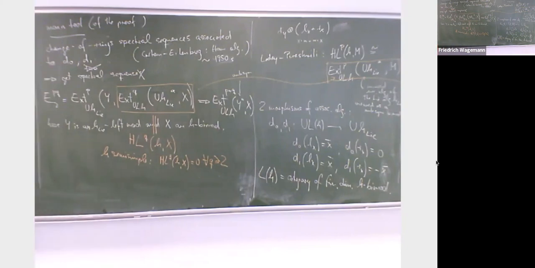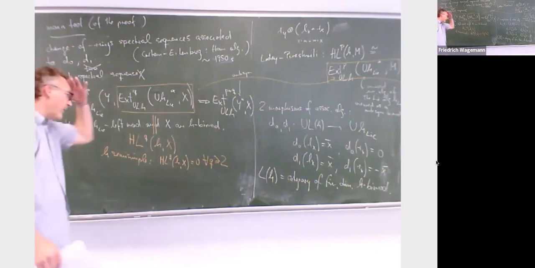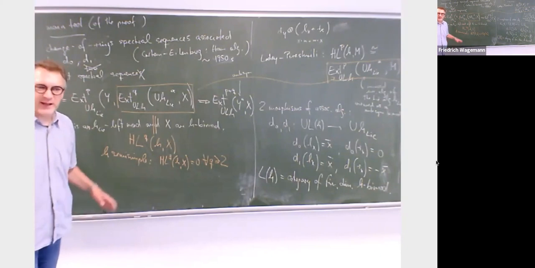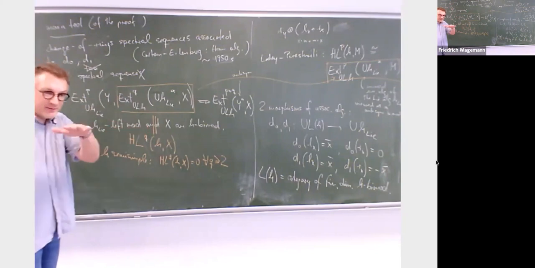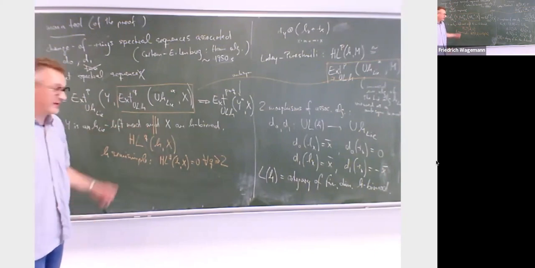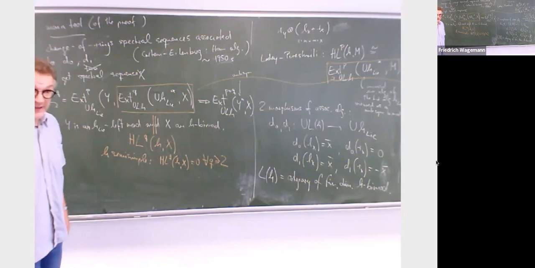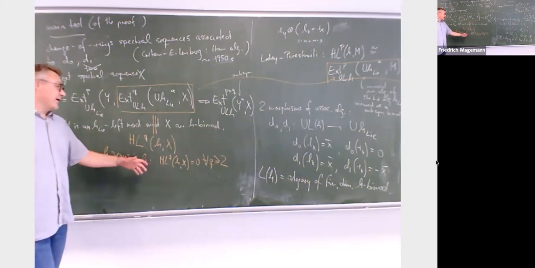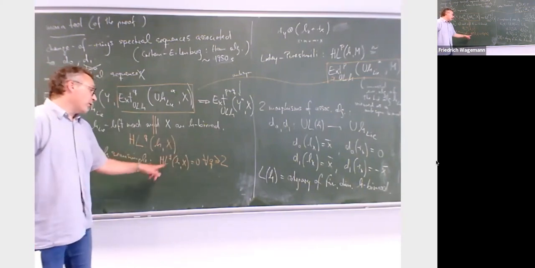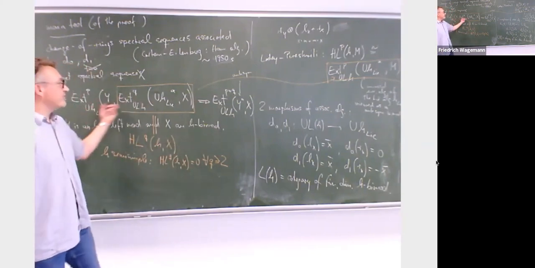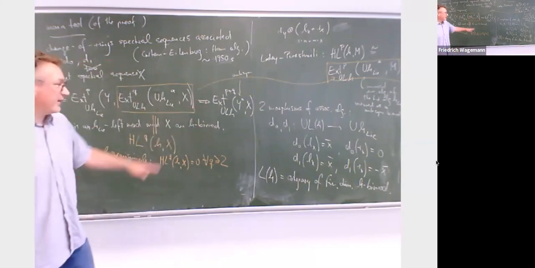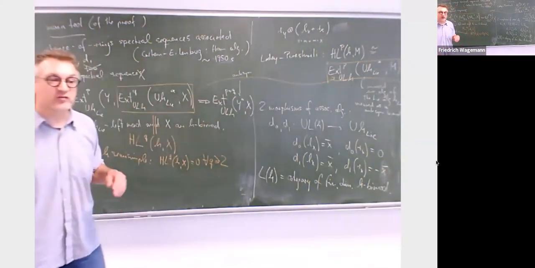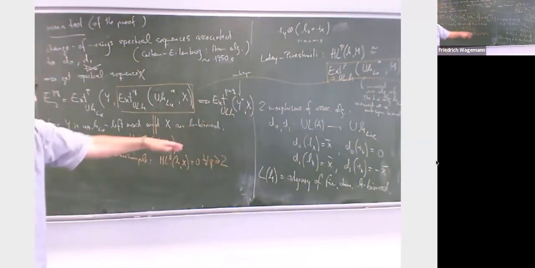So there is not much cohomology left, and there are not so many rows left on the second page of the spectral sequence. And so using the explicit description of HL^1 and HL^0, you can show that these spectral sequences collapse, and then you can figure out the Ext. This is how one finds the theorem.